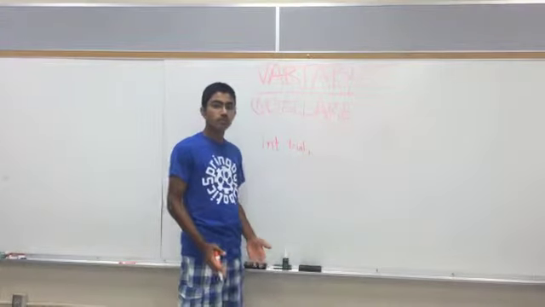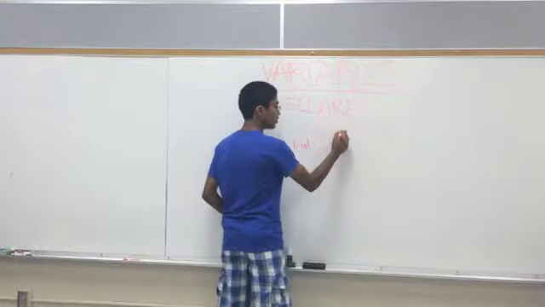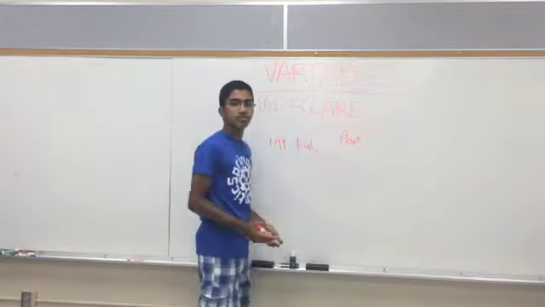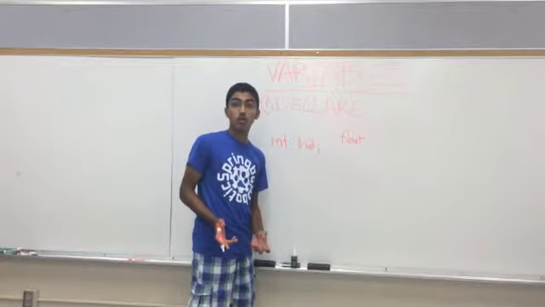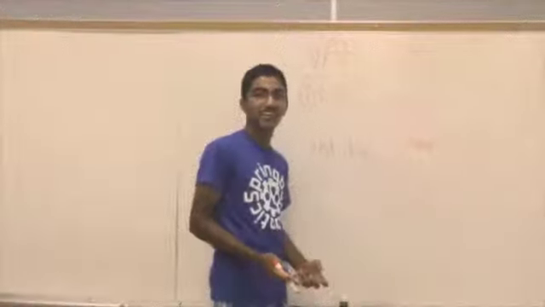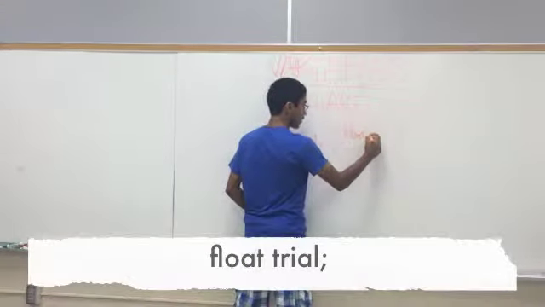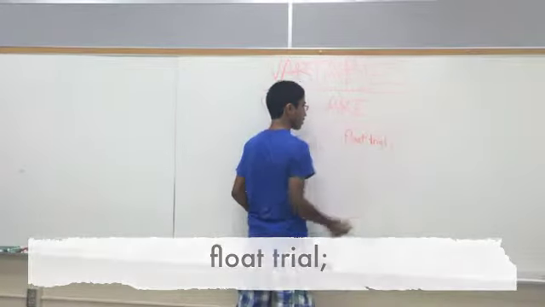Now if you wanted to store decimal numbers, you would use the variable float, short for floating point decimal. If you wanted to store a number like 3.14, you would write float trial and then a semicolon.